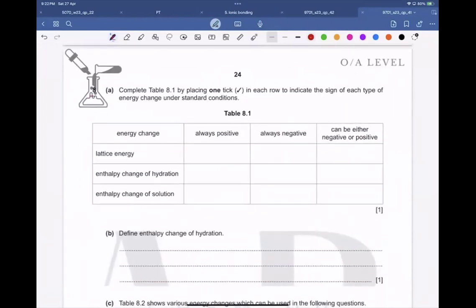Now, question number 8A. Complete table 8.1 by placing one tick in each row to indicate the sign of each type of energy change under standard condition. Lattice energy. If you recall, the lattice energy is the energy change when gaseous ions turn into solid. So when the gas turns into solid, would the energy be released or absorbed, or can it be either?